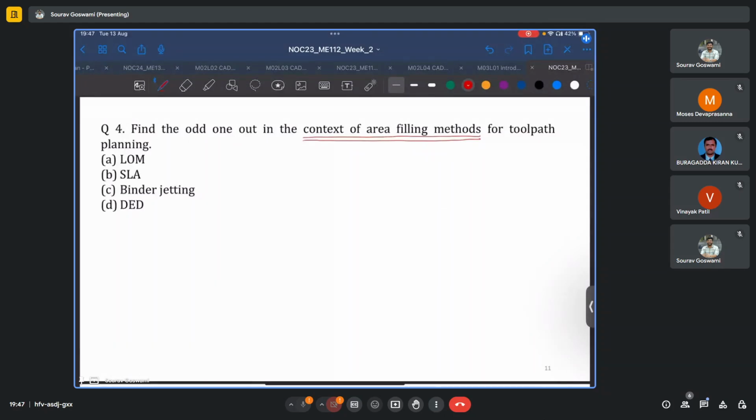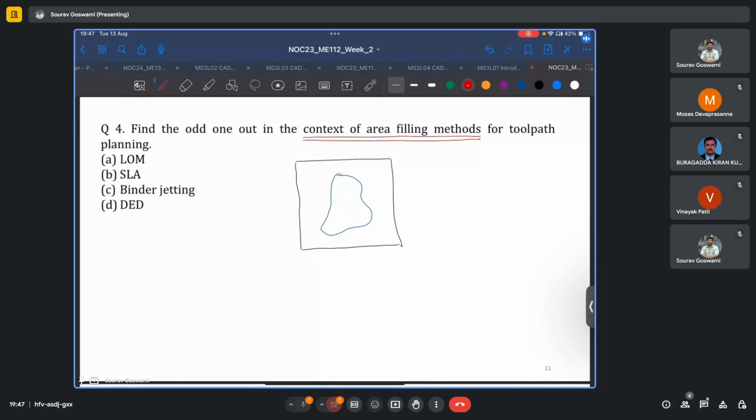And as we have been discussing, laminated object manufacturing is pretty unique in the sense that it is perhaps the only method in which we devote most of our energy into eliminating the unwanted regions.